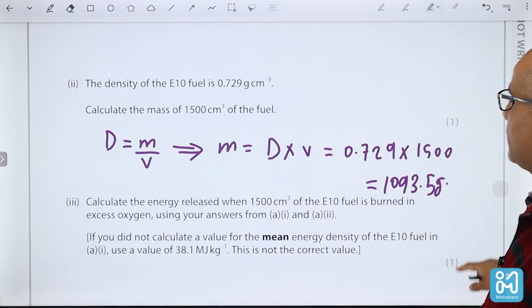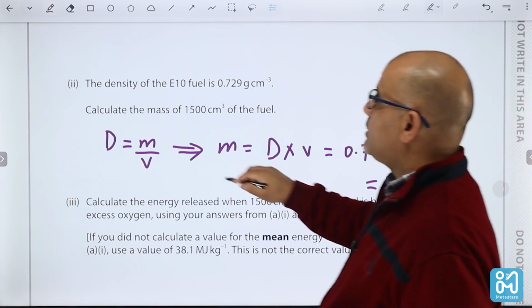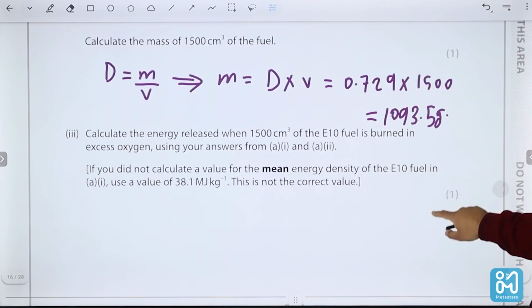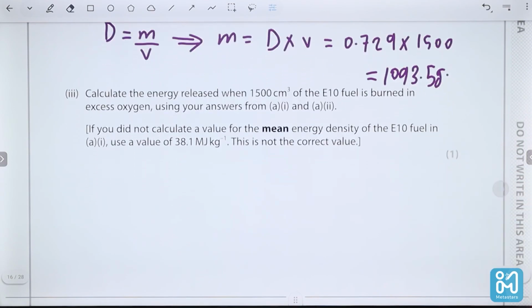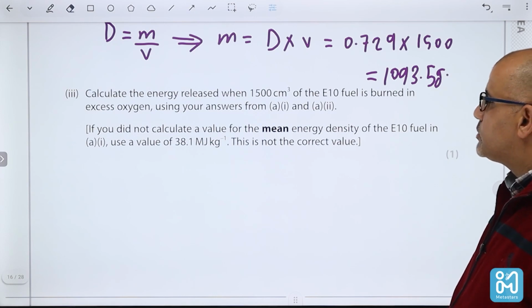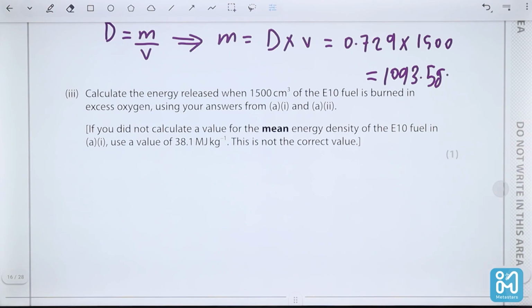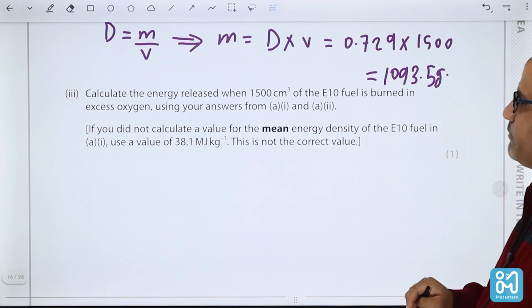Now, the next idea is calculate the energy released when 1,500 cubic centimeters of E10 fuel is burned in excess oxygen, using your answer from the previous parts. Okay, that's the mass.